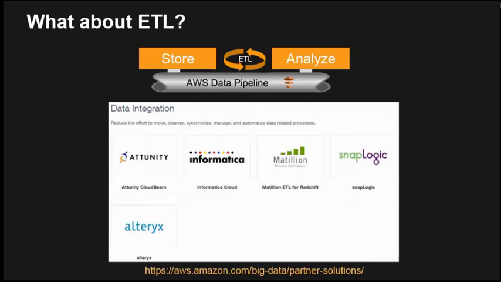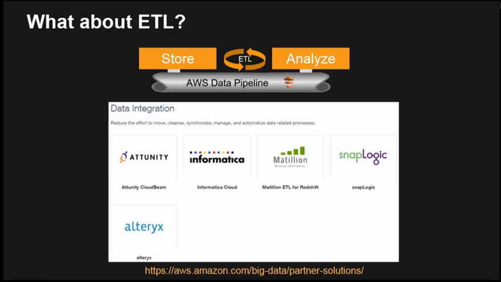So what about ETL? AWS Data Pipeline is a fully managed service that performs cron-like ETL with a lot of dependencies, and you can create very complex pipelines using Data Pipeline. Let's say even if your data is in your enterprise or data center, you can have a data pipeline that takes the data and moves it on to S3 and then processes it using Elastic MapReduce, and then eventually moves the data onto S3.